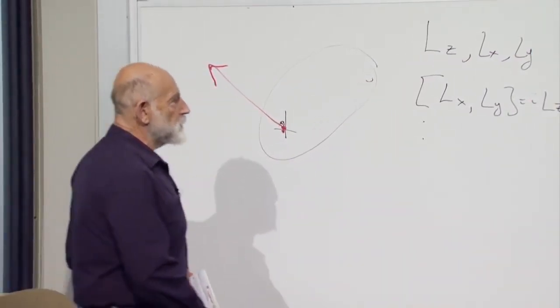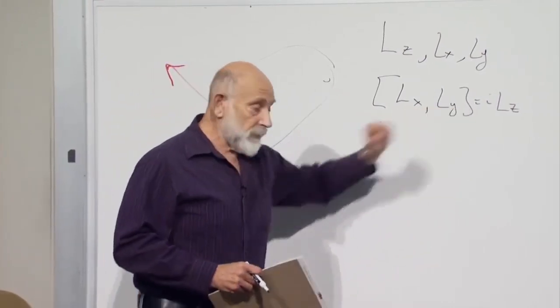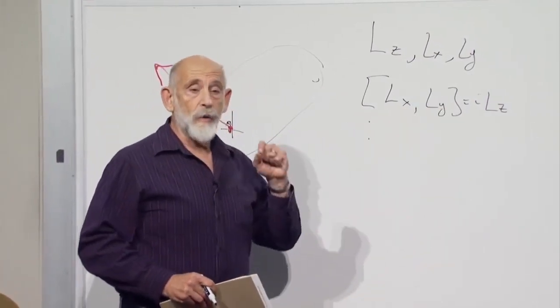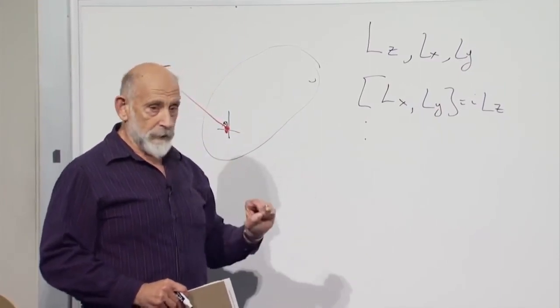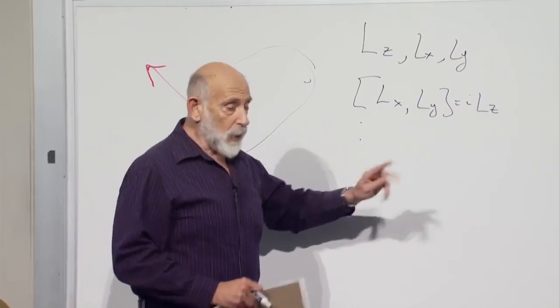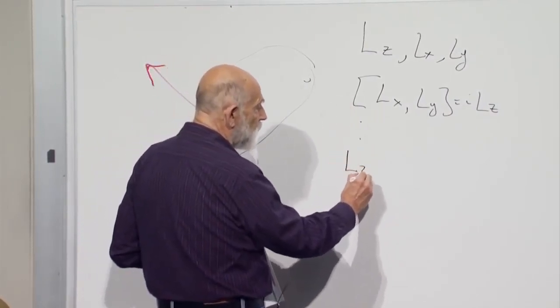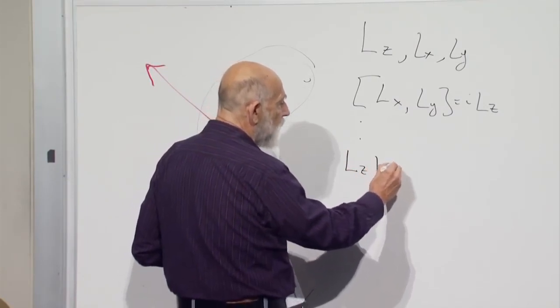But the trick was to pick one of the operators and work in the basis of that operator. In other words, pick Lz and work with eigenvectors of Lz with eigenvalue m.